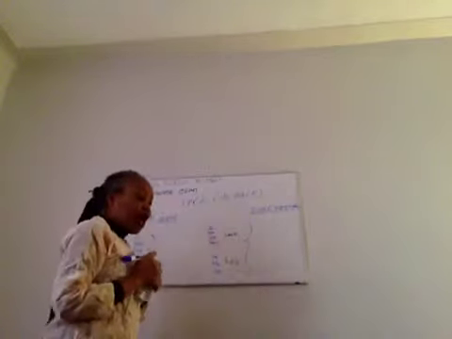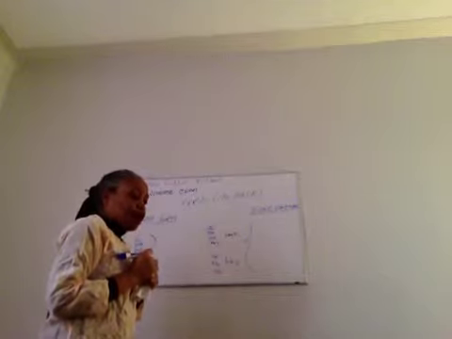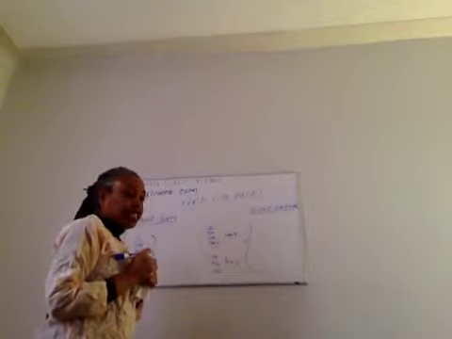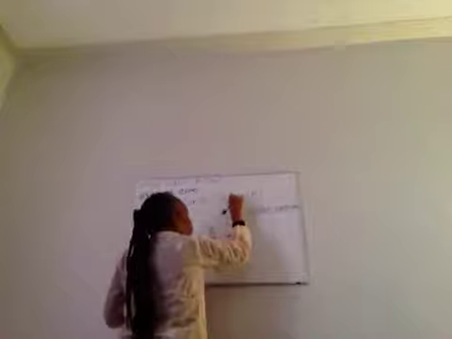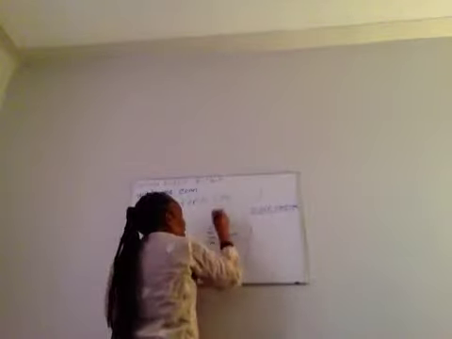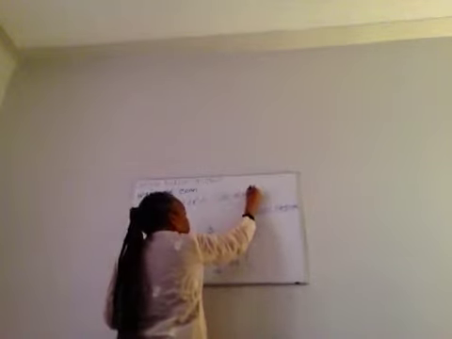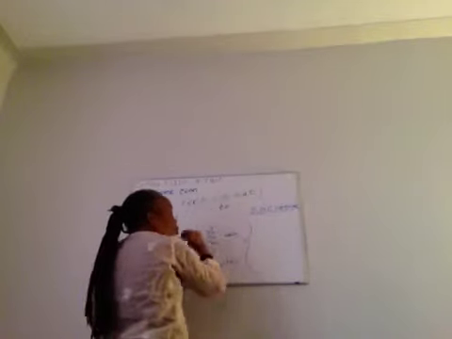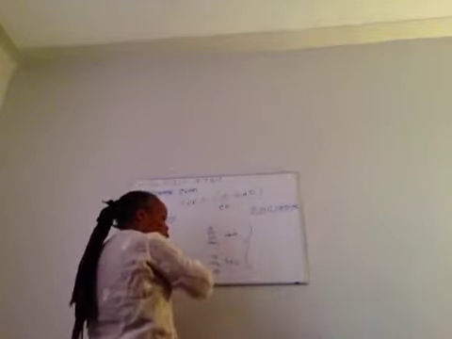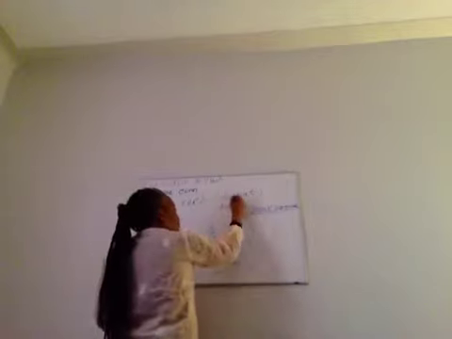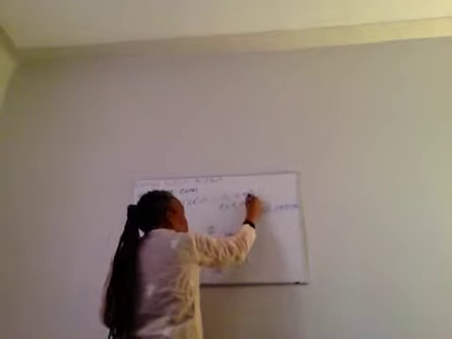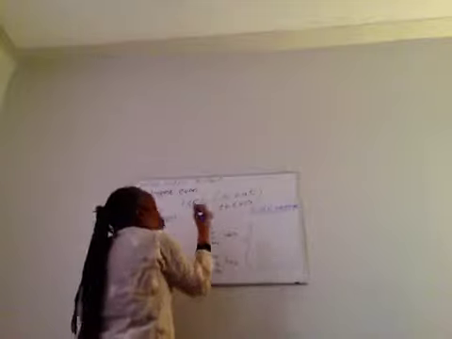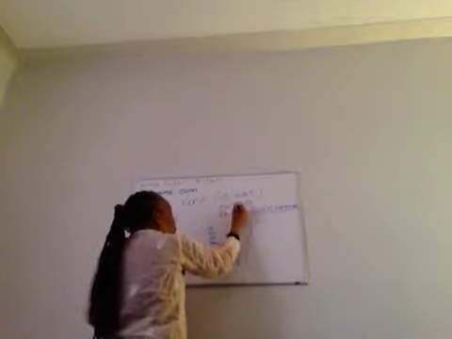For example, you have the irregular verb to eat, or the irregular verb to take, or the irregular verb to do. These are all irregular verbs.